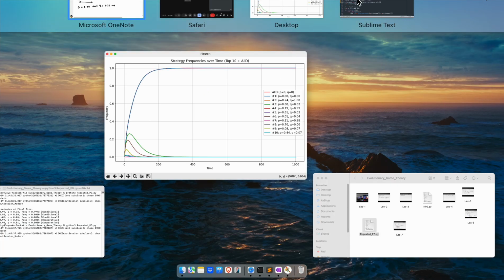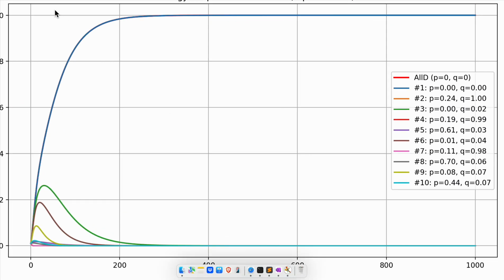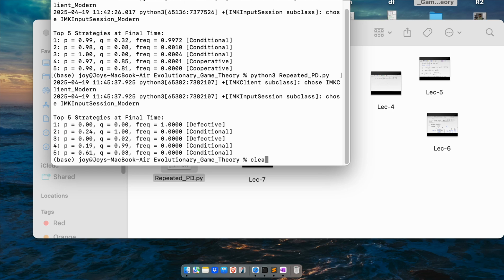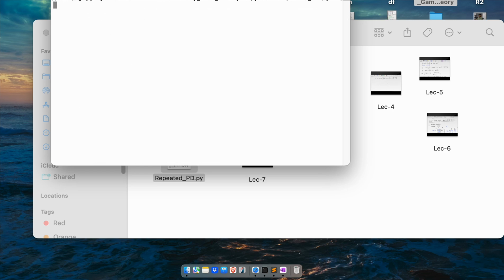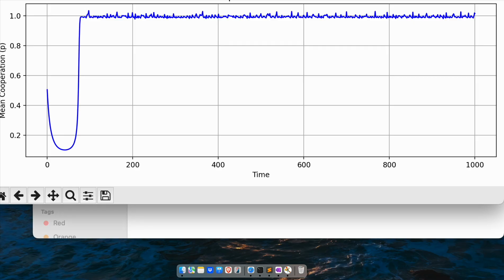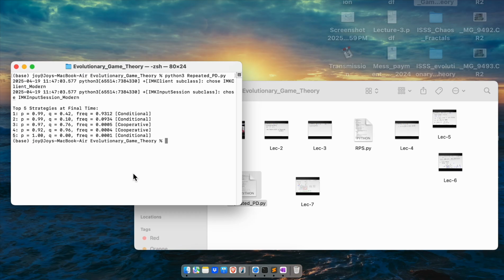Now we introduce a little bit of TFT. So I am introducing a TFT strategy along with all D. Now let's see what we expect. Because there are lots of random strategies, maybe my random generator will not select the GTFT.